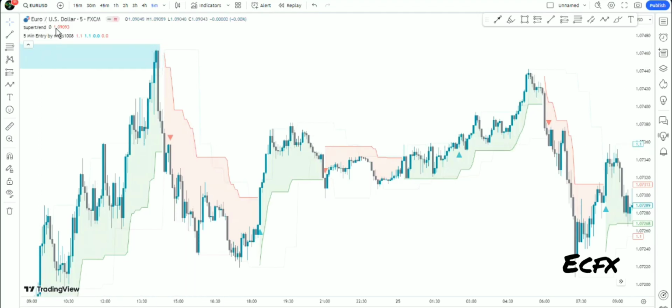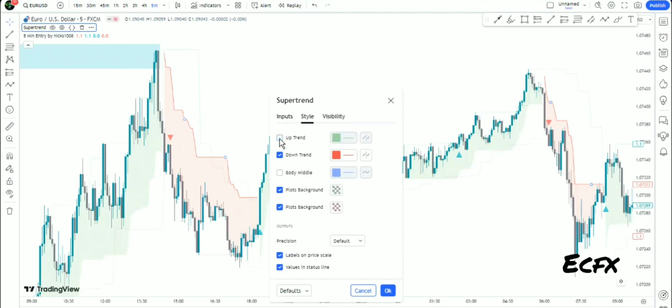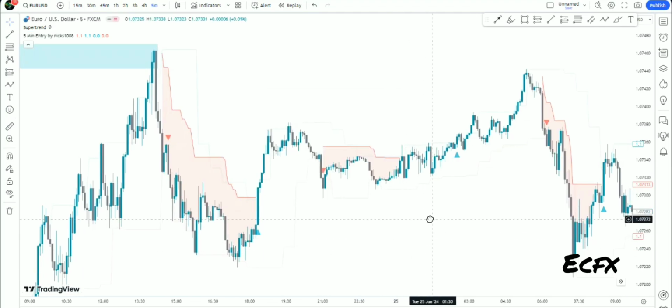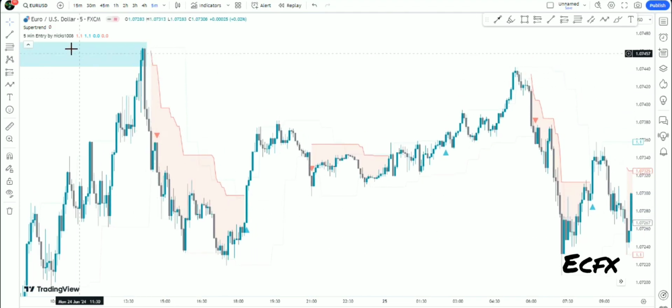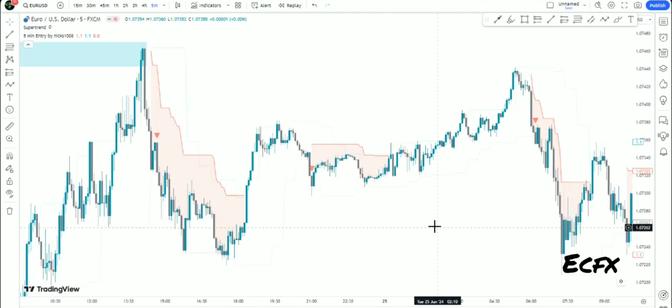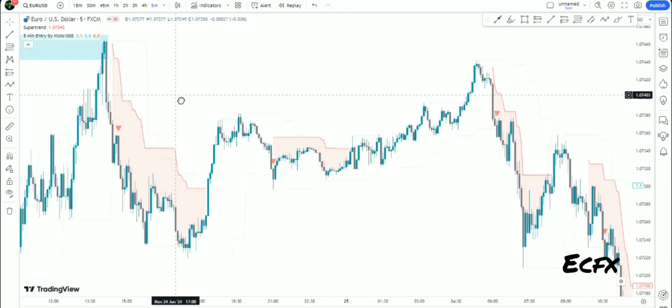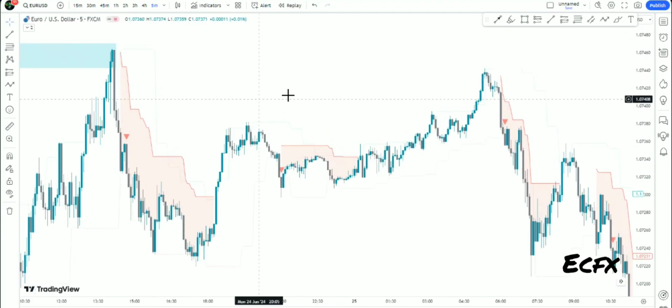Okay, let me make it a bit easier. What I'm going to do at this point in time is remove the buy trend, and I'm just going to be working with the sell side since I expect price to be turning around at this point. I'm going to remove the buy side of the 5-minute entry indicator, and I'm just going to leave the super trend sellers and the 5-minute sellers indicator, right?